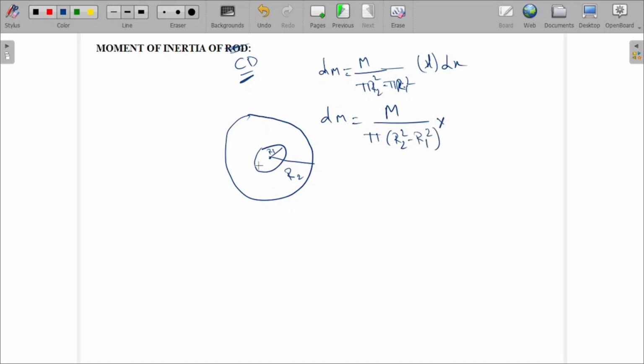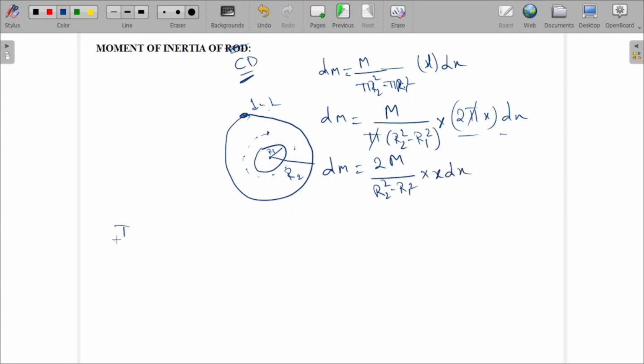What is the length? Length is the circumference of the circle, 2 pi x dx. We are considering some element at this point. Pi gets cancelled. What is the value of dm? dm equals 2M by r2 square minus r1 square into x dx.